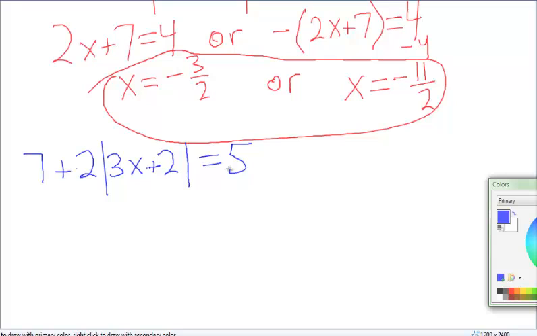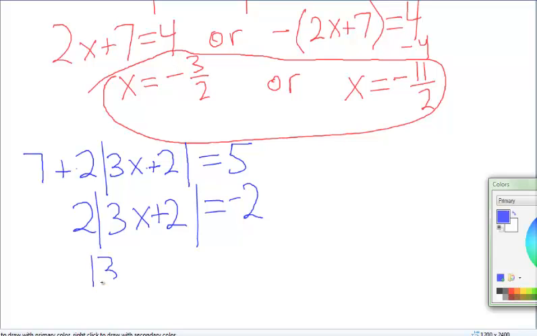So we're going to subtract 7 to the other side, and we get 2 times absolute value 3x plus 2 equals negative 2. Now we can divide by 2, and we have the absolute value of 3x plus 2 equals negative 1.